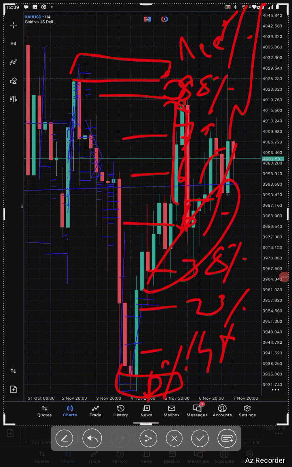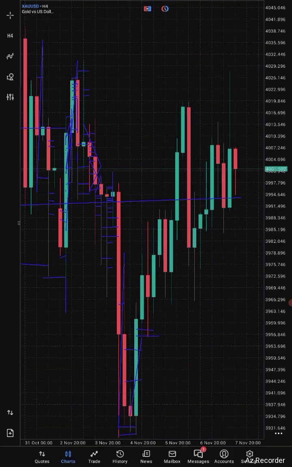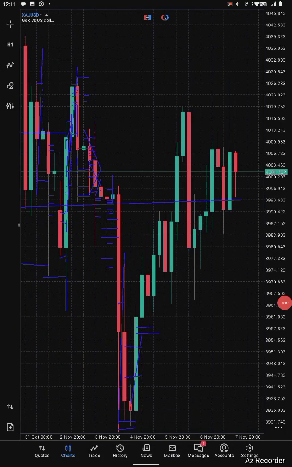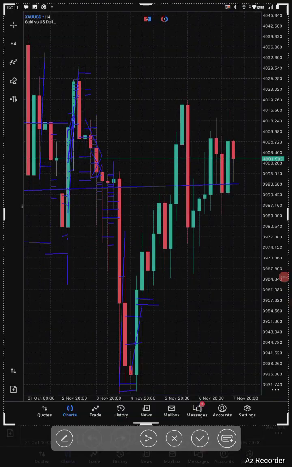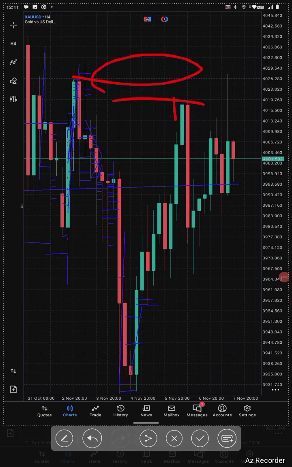So when the price comes back down, you see here, when the price backs it retests the down supply.